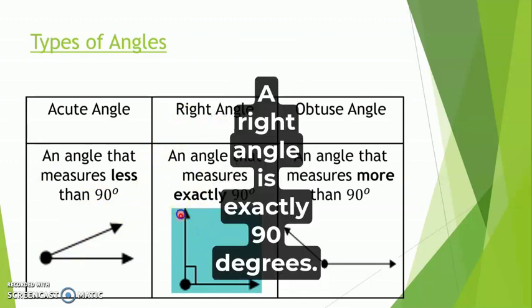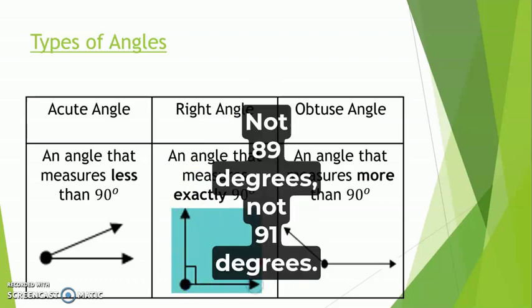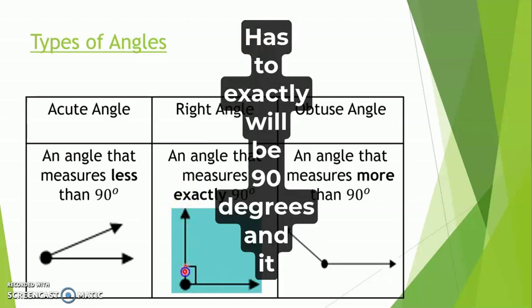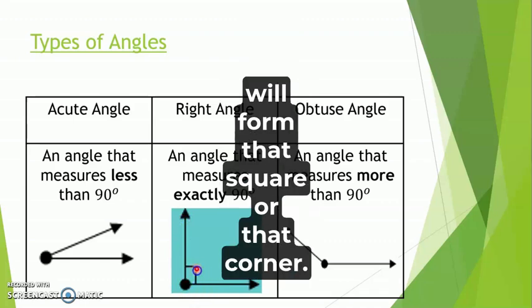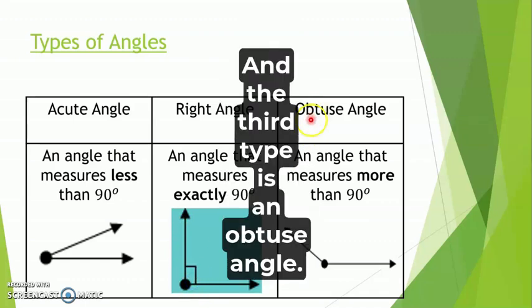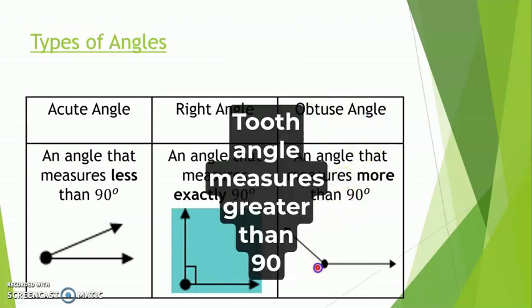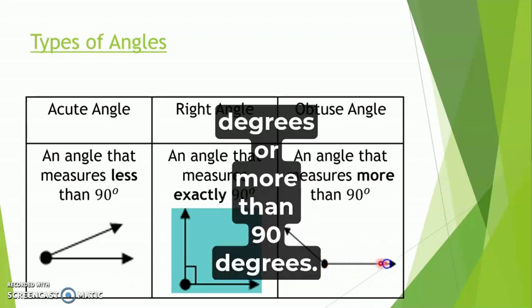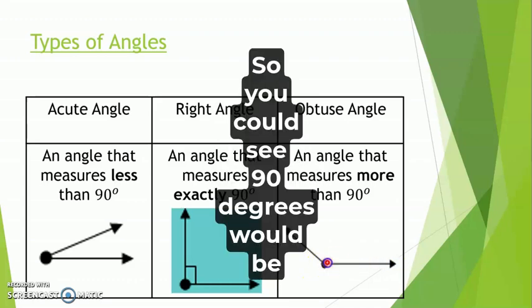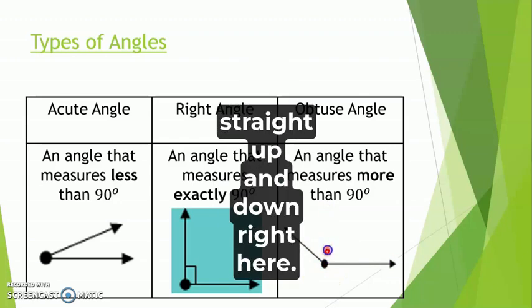A right angle is exactly 90 degrees, not 89 degrees, not 91 degrees. It has to be exactly 90 degrees. Okay, and it will form that square or that corner. And the third type is an obtuse angle. An obtuse angle measures greater than 90 degrees or more than 90 degrees. So you could see 90 degrees would be straight up and down right here.